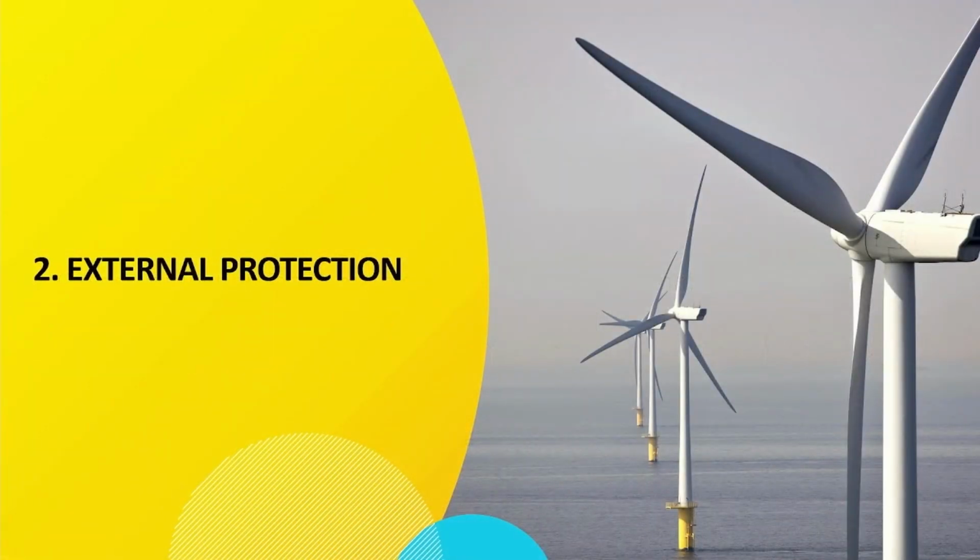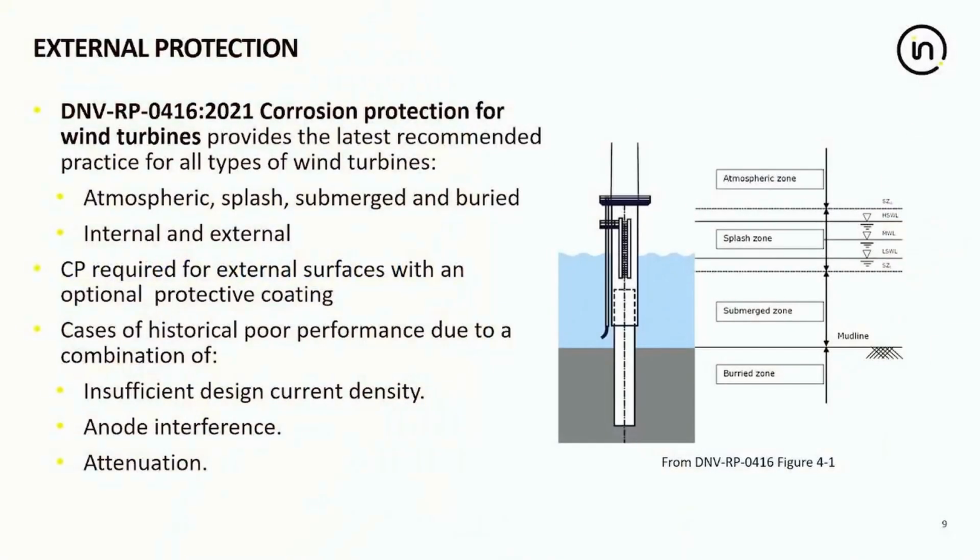So on some of the early monopiles, there were some issues with external protection, and these have been addressed in the latest DNV standard that's been issued. This covers all the corrosion zones.